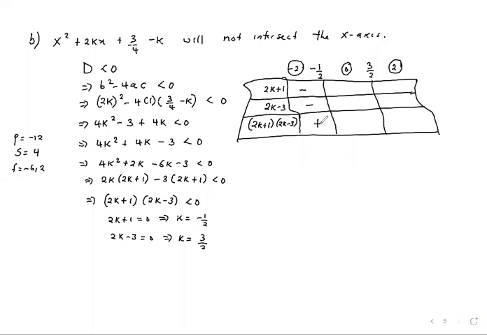And then 0, this is positive, negative, giving us negative. 2, positive, positive, positive. Because it's less, we must get this. Your question has been answered now. Is there a time when we get the middle part? Here it is. From negative half all the way up to 3 over 2 as our solution.